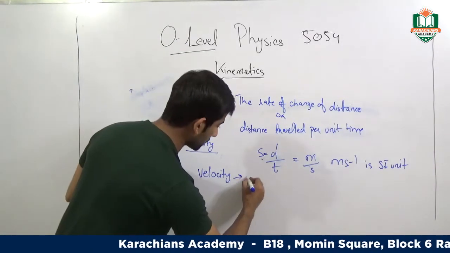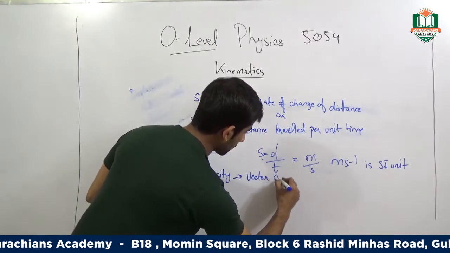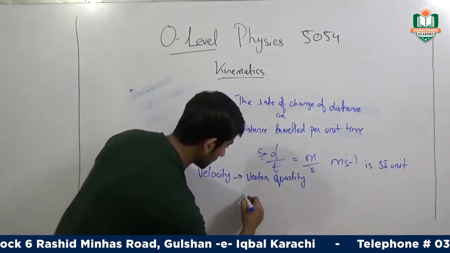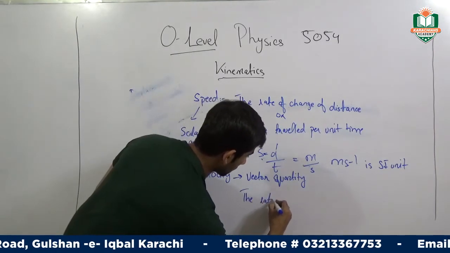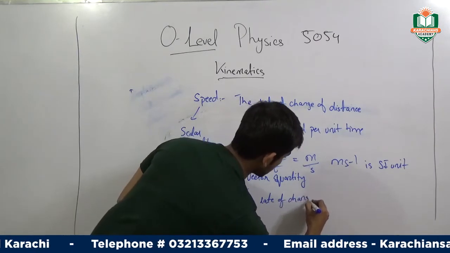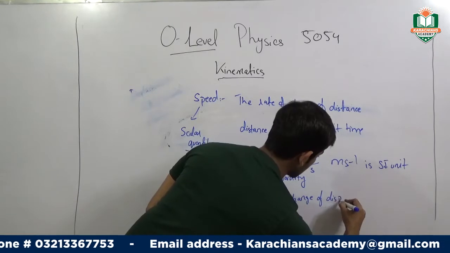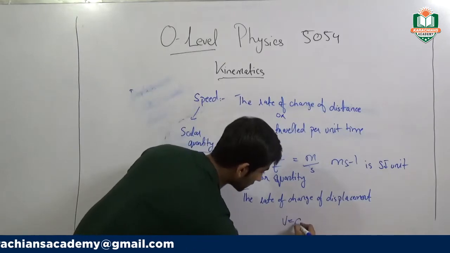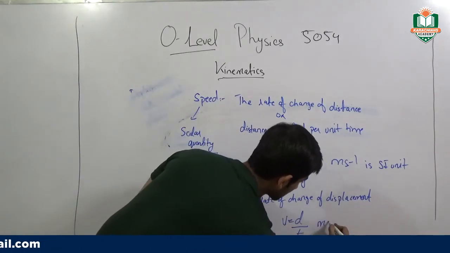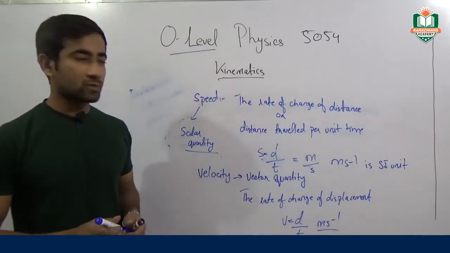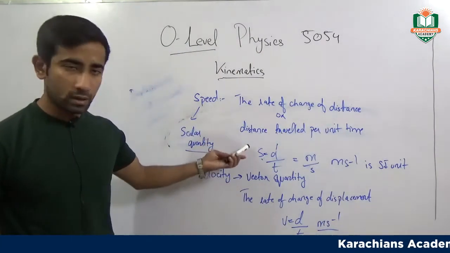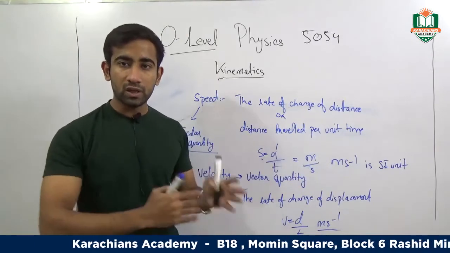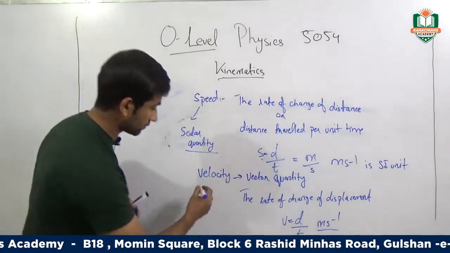So velocity is a vector quantity, and it is the rate of change of displacement. Its formula is velocity equals displacement upon time, which is again ms minus 1. The basic difference between velocity and speed is that speed is a scalar quantity, velocity is a vector quantity. Velocity is speed in a linear direction, or speed in a specific direction. Velocity keeps on changing and it also depends upon the direction.